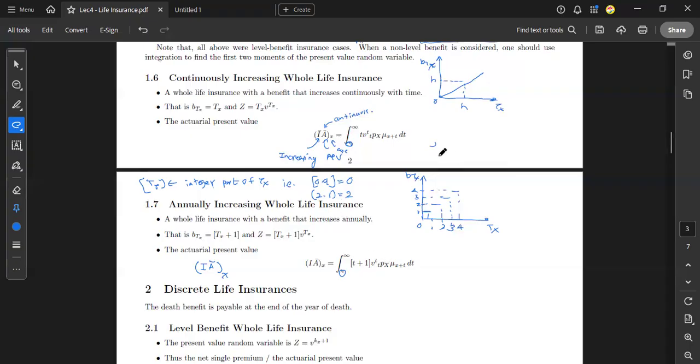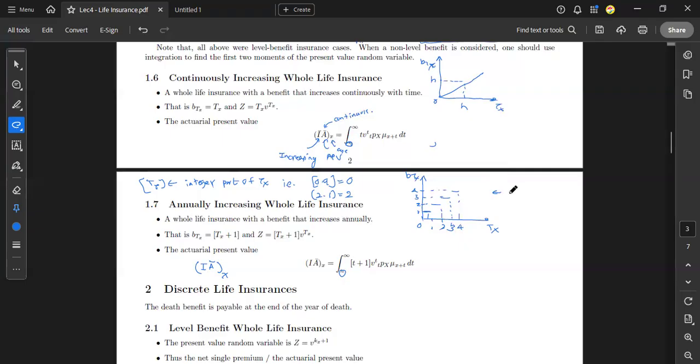So if it is decreasing, then we can define it for a term life, because for the whole life we cannot have infinity minus something. But if we know that insurance goes only for n years, then we can start from n, and each year we can decrease the benefit.